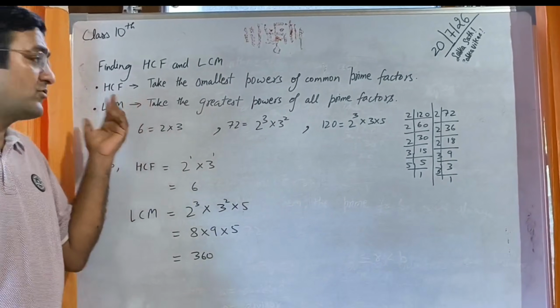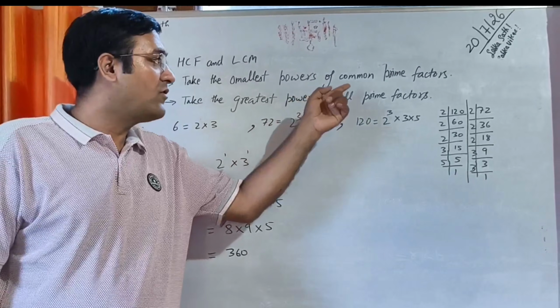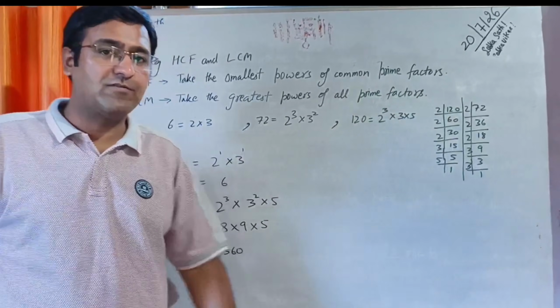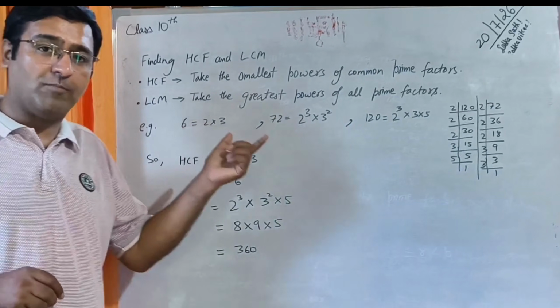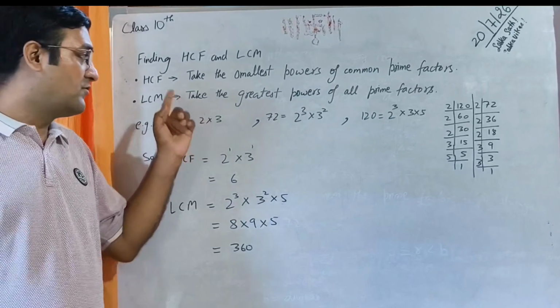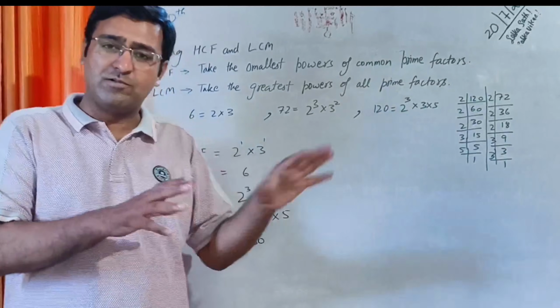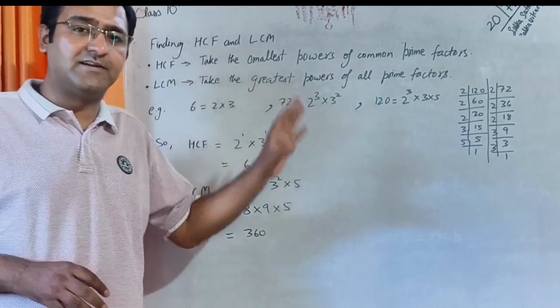In case we have to find the HCF, we have to check which prime factors are common and take their smallest powers. In case of LCM, we have to take all the prime factors and take their greatest powers.